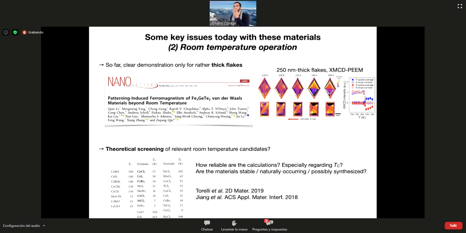So far, I think things are changing really fast, but at least a few weeks or a few months ago, the only realization I knew for room temperature operation on a van der Waals compound was obtained on rather thick flakes. So this is iron germanium telluride that has been exfoliated and shaped in the form of this.